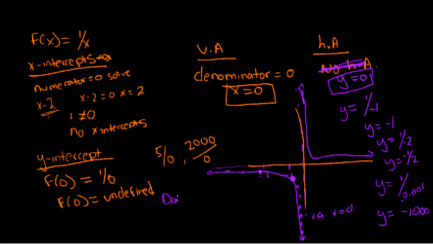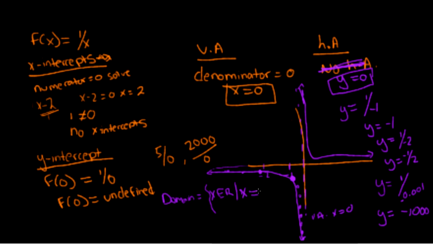So what is the domain? Domain is the x values. So the domain is all x such that x is every single value except for the vertical asymptote, which is x is equal to 0.